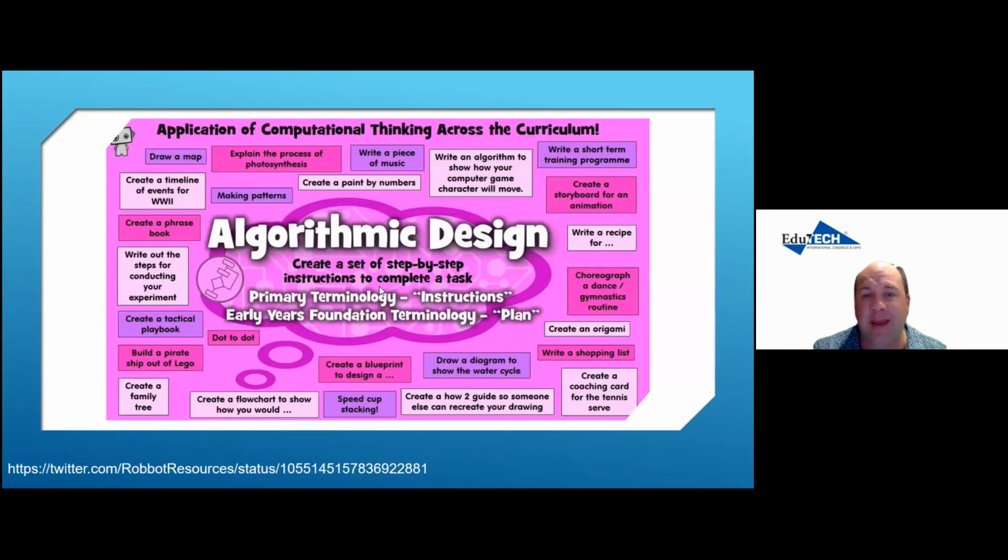So once again, we're creating step-by-step instructions. It comes from an early age. We've all done some cooking in kindergarten where we need to do the steps. Science, doing our step-by-step instructions to complete the task. So this one's quite good for students to do as well, and actually just writing their step-by-steps.